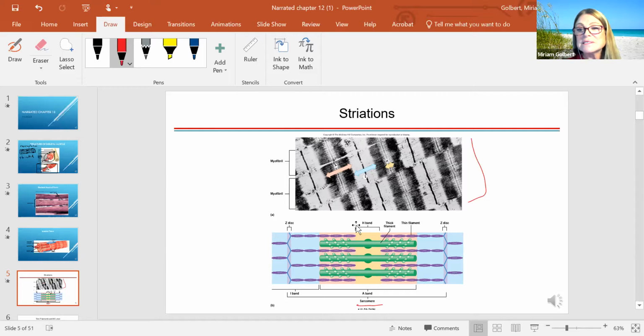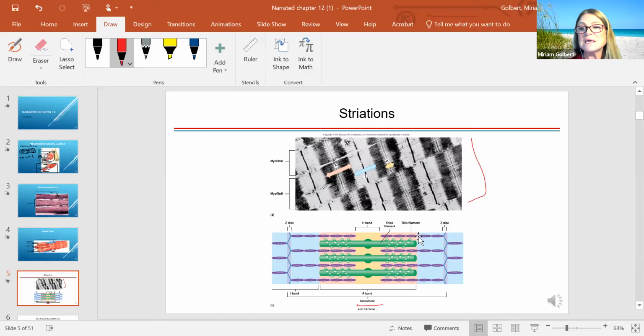Then within a sarcomere, which goes from Z to Z, some people call it Z line or Z disc, it's the same thing. So this sarcomere is divided into the I bands, and you can tell that this is an I band made out only of what we call thin filaments, and you can tell that there's another I band on this other end.